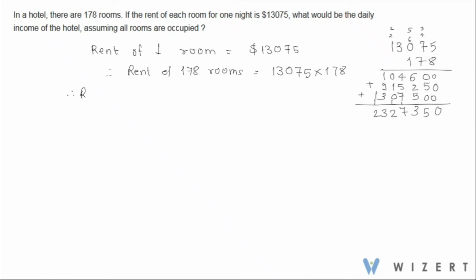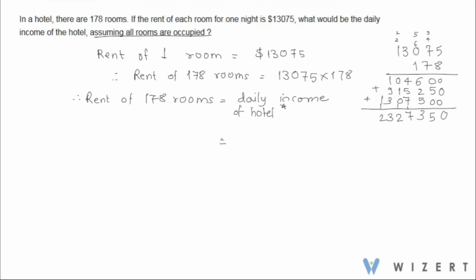Therefore, rent of 178 rooms is equal to the daily income of the hotel. Condition applied: the condition is that all rooms are occupied.